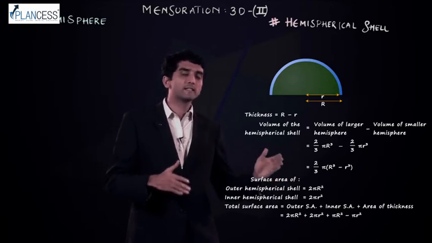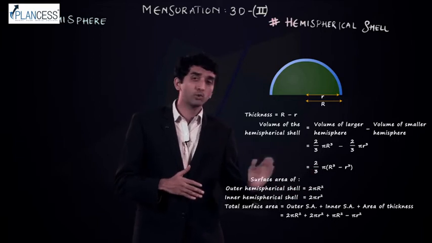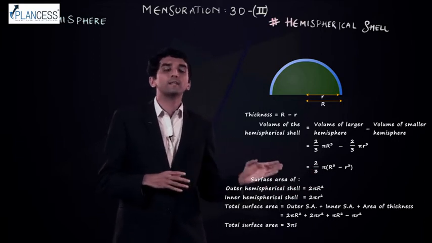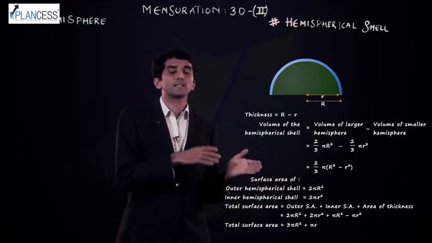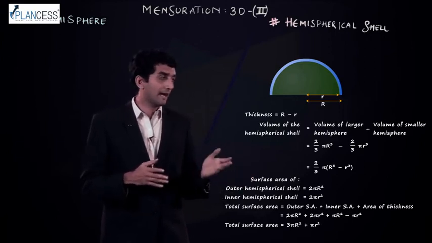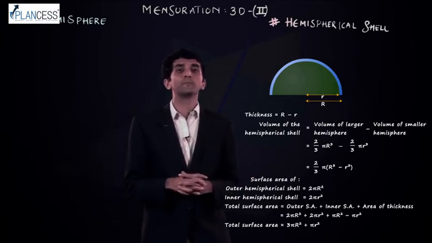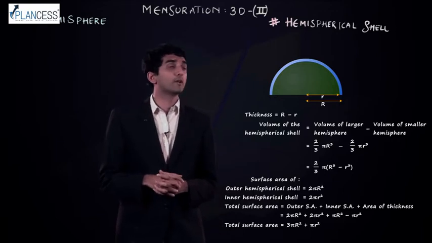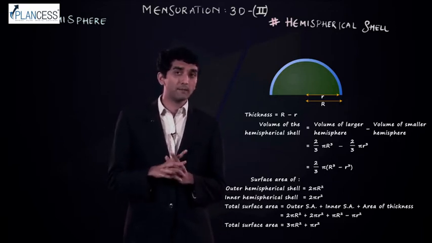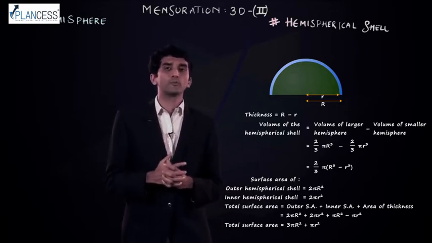Simplifying this, you will get the TSA, or the total surface area, as 3 pi capital R square plus pi small r square. And hence these are the important formulae about a hemispherical shell with an outer radius of capital R and a smaller radius of small r.